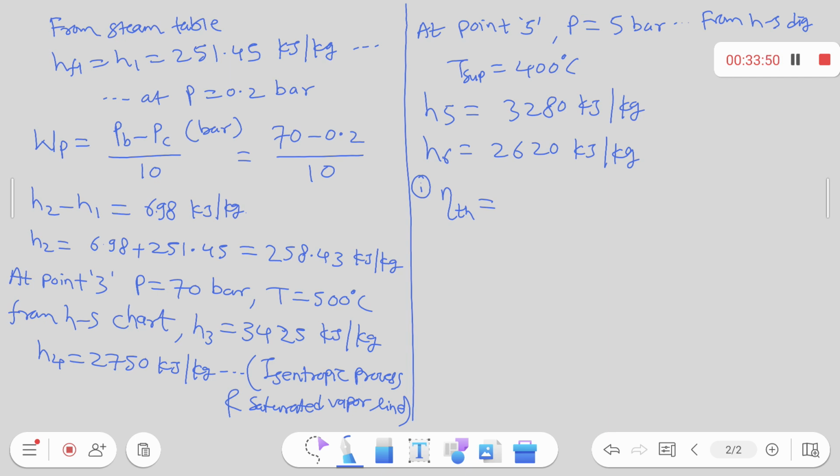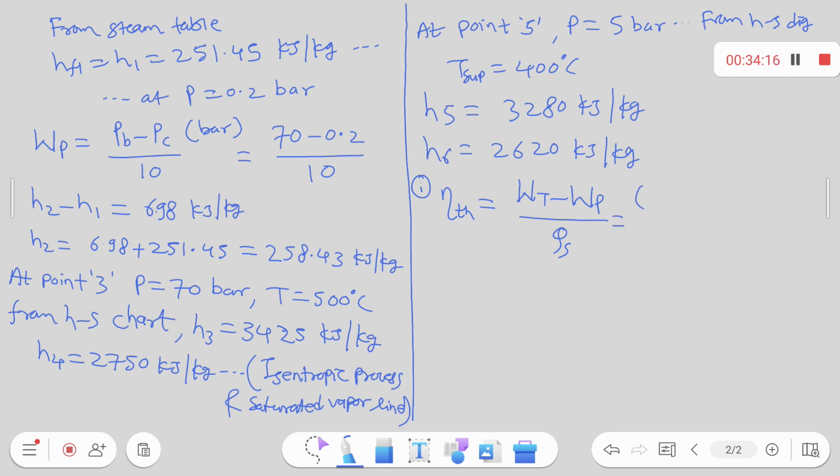Thermal efficiency is output over input. Output is what? Turbine work minus pump work. Pump work we have to subtract. Turbine work minus pump work, divided by heat supplied.